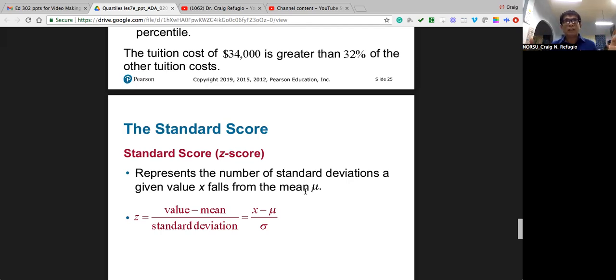In the previous video about measures of central tendency, I illustrated the graph of a normal distribution, or a symmetric distribution, or a bell-shaped distribution. And if you remember, we have three standard deviations going to the right and three standard deviations going to the left, so a total of six standard deviations.